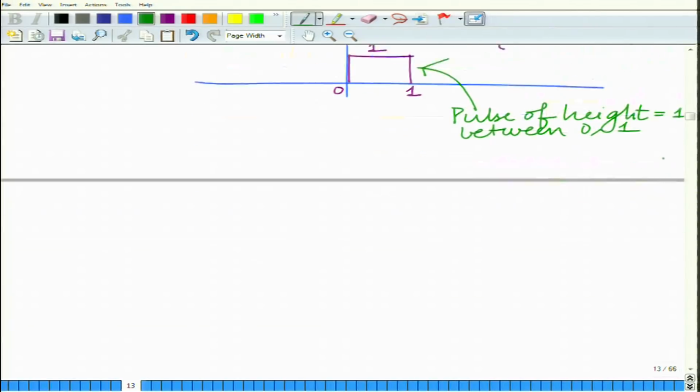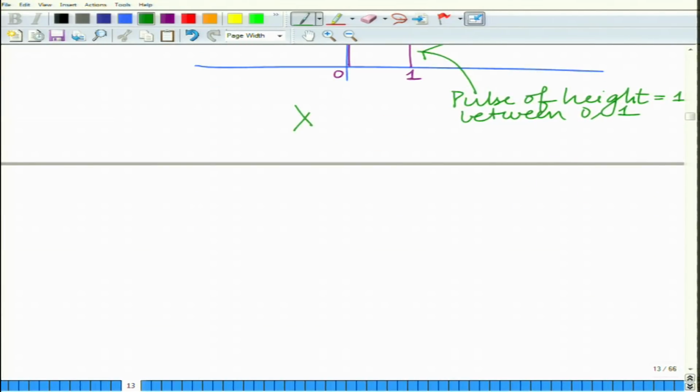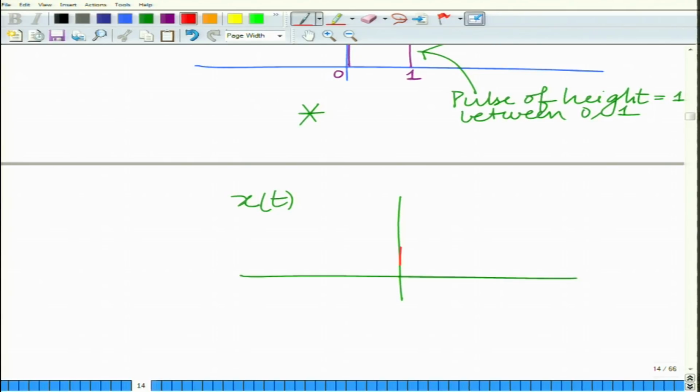Okay. And now, we want to convolve x t with itself, convolve x t with another x t, which is again obviously going to be a pulse of height 1 between 0 and 1.